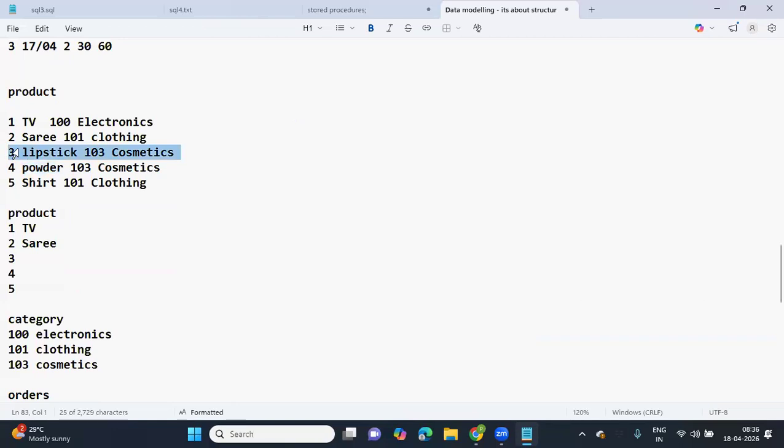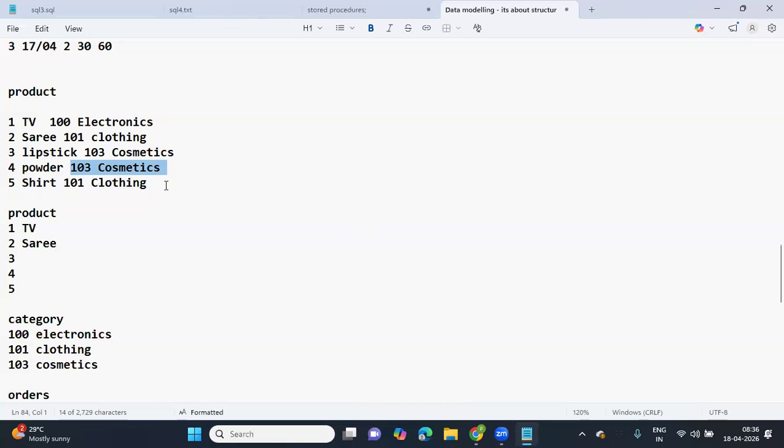Because of the huge volumes of data I have overlooked it, and now I am considering that only 103 means powder. Let's say I'm doing an aggregation, the count of products for 103. You might end up getting more numbers because that is a count of both lipstick and powder. So you might end up counting both of them. That is where we are missing integrity in the case of star schema.